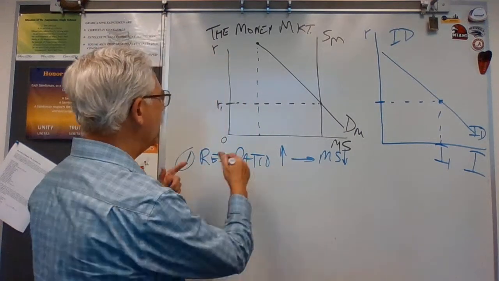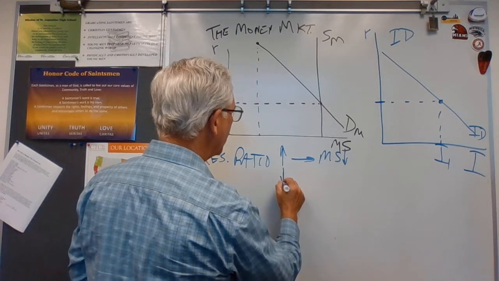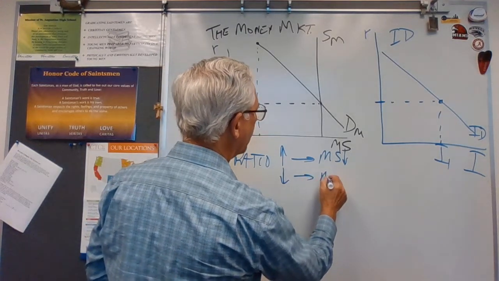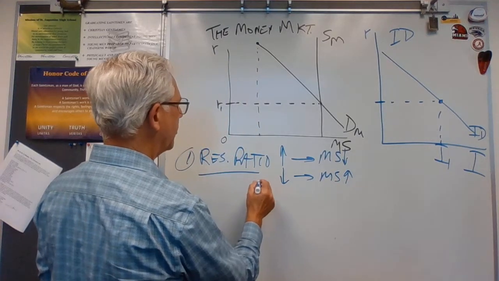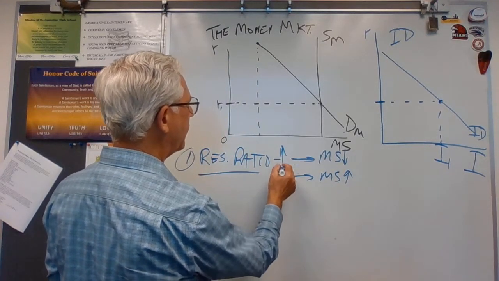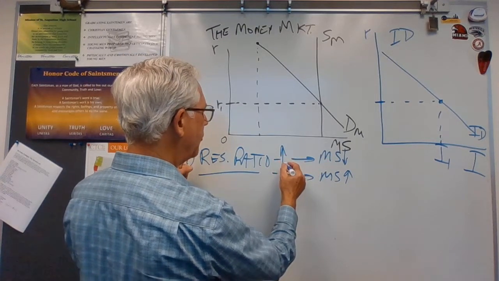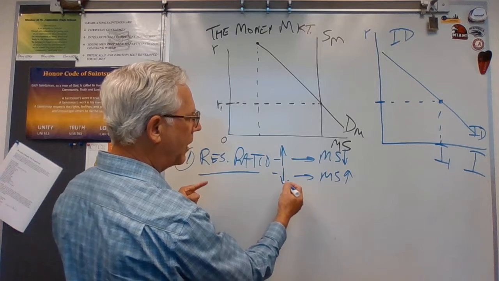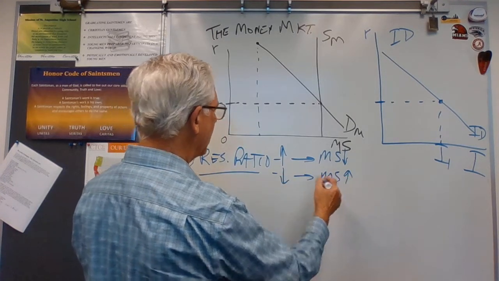So that would reduce it. Reducing the reserve ratio would cause the money supply to increase, okay? So that was the reserve ratio, okay? They can either do this or this. This would be contractionary policy, raising the reserve ratio. This would be expansionary monetary policy, lowering the reserve ratio and expanding the money supply.